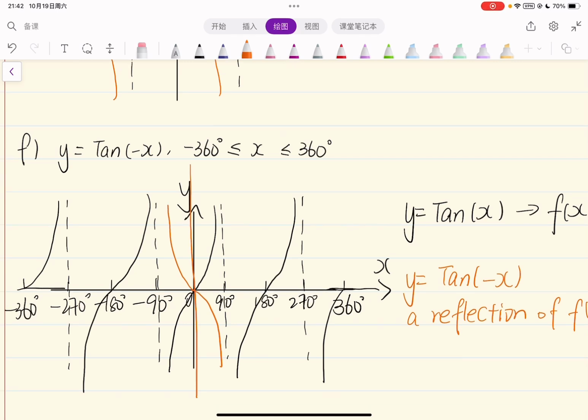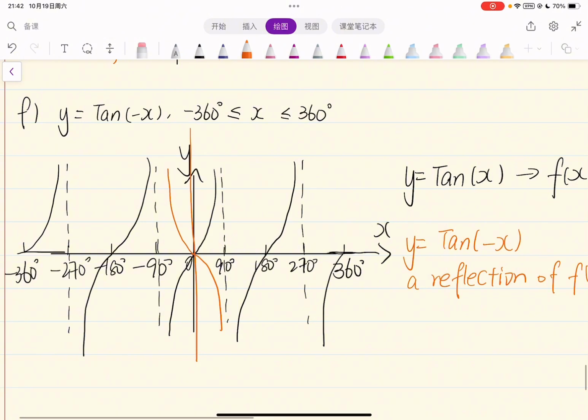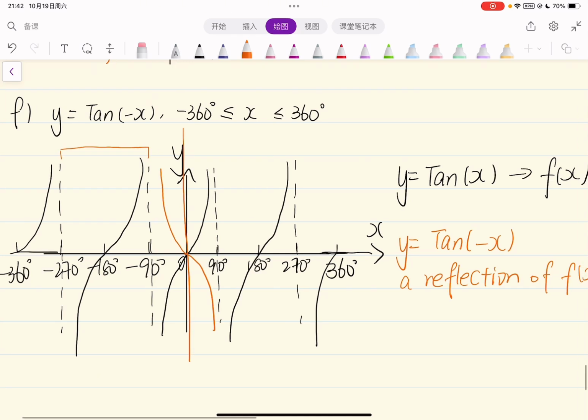Now let us draw the reflection between negative 270 degrees and negative 90 degrees, so reflect it in the y-axis. What we have, the graph looks like that.